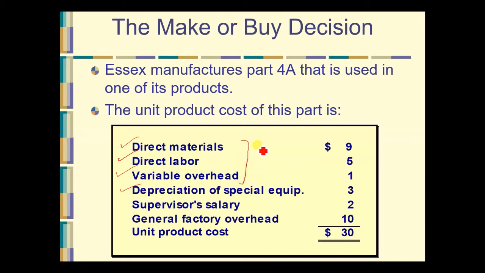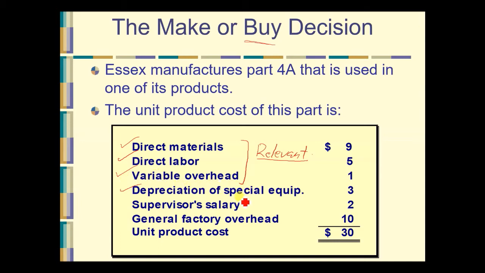These three are all relevant. Why? Because if you make the product, you have to bear all of these costs. If you do not make the product and decide to buy it from the supplier, then you can avoid these costs. So because these costs differ between two options, that's why these are relevant costs and they should be included in the calculation of the decision making.